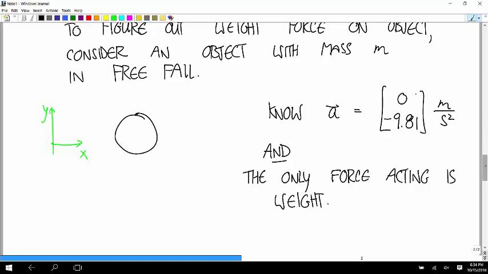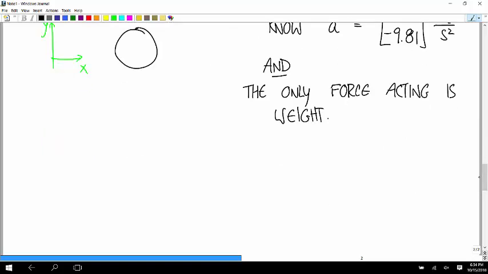Okay, so based on that, let's fill in Newton's second law. Newton's second law says add up all the force vectors acting on the object, and that's just a force vector of the weight.